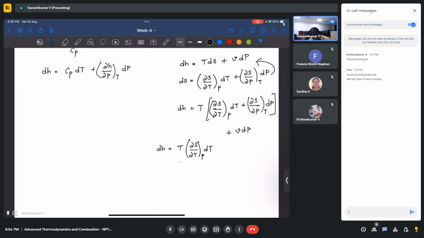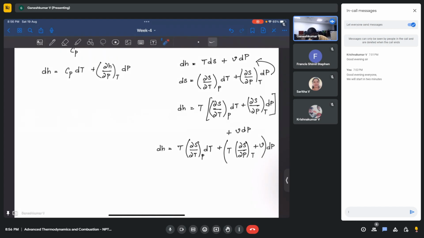And we take dP as common here: T times ∂S/∂P at constant T plus V, times dP. So I just found two relations here.